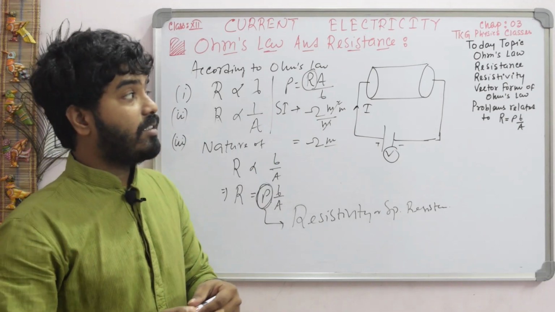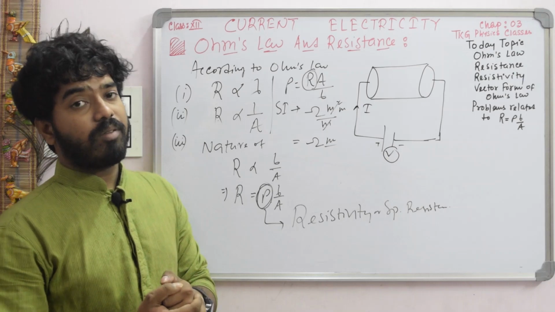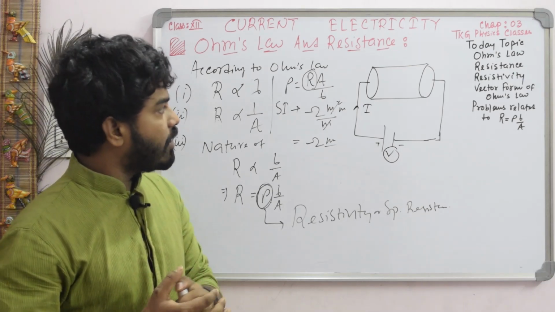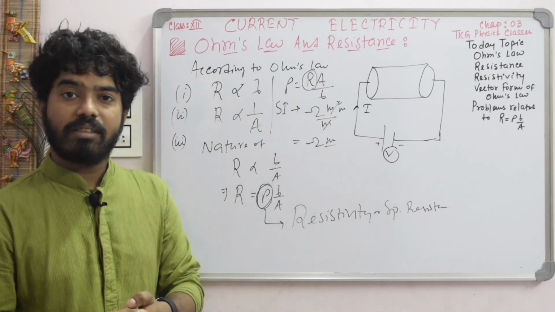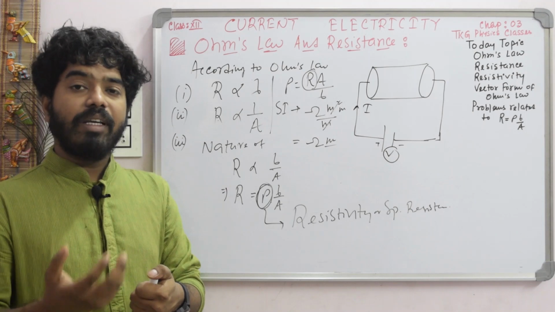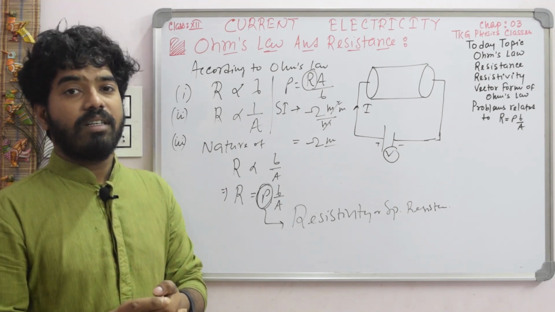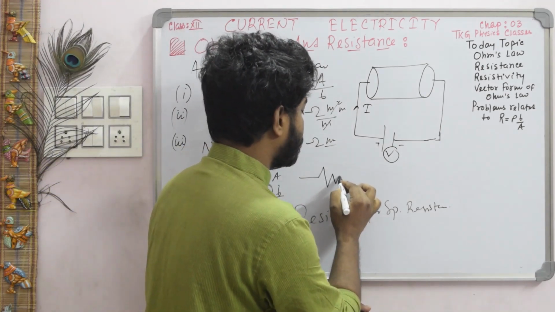Now similarly, resistivity is also a property of the material. It varies from material to material. Now suppose you have to say what is a resistor. A wire having some resistance is called a resistor. And what is the symbol of a resistor? The symbol of a resistor is this one.